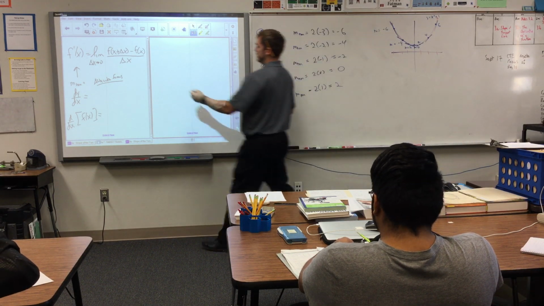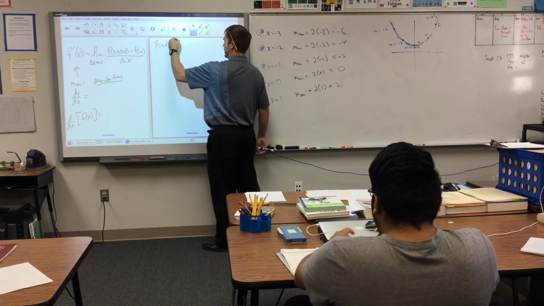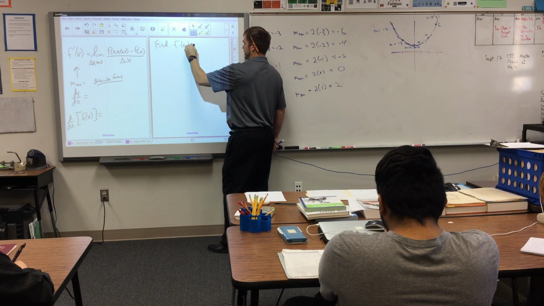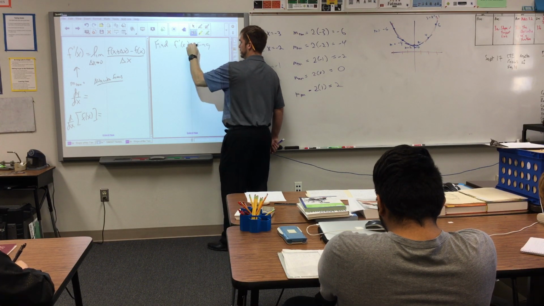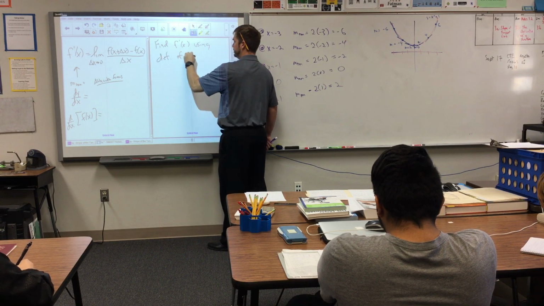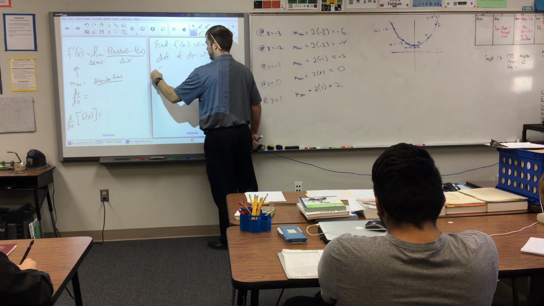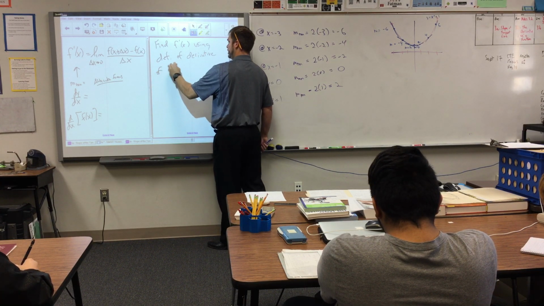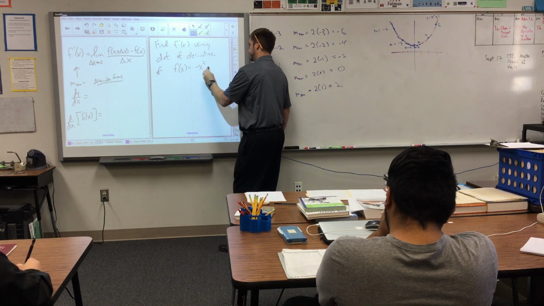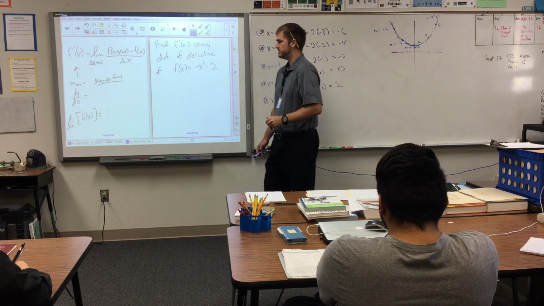So we'll say find f prime of x using the definition of the derivative of f of x equals negative x squared minus 2.